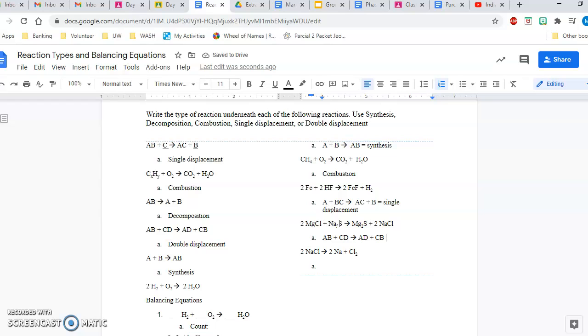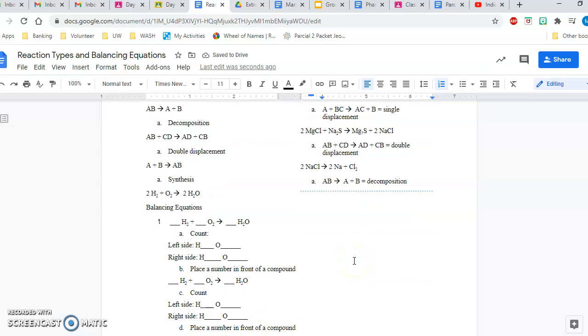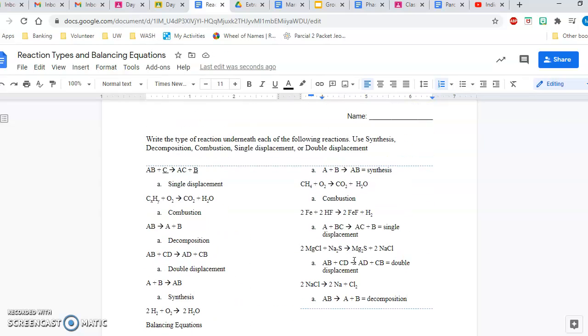So this will be a double displacement. And finally we have A for Na, Cl is going to be B, going to A plus B. So this will be our decomposition. So that's how we do our example types of reactions.